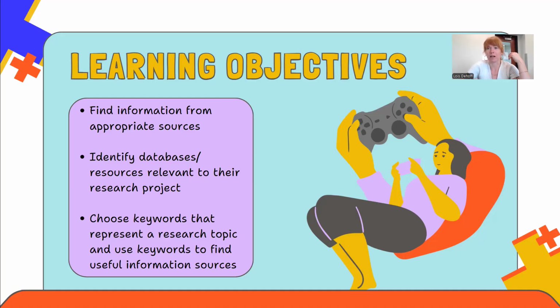This could be for psychology. This could be for any class that requires some type of research. And then we'll talk about keywords for keyword searching that help to represent a research topic and using those keywords to find useful information when you're looking for your sources. So those are the goals today.